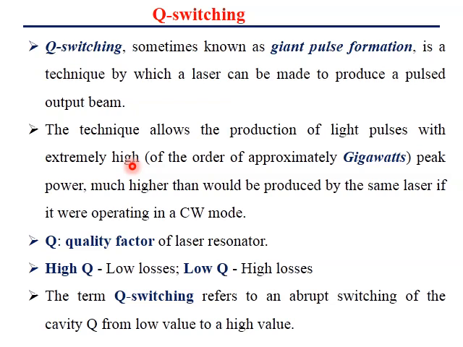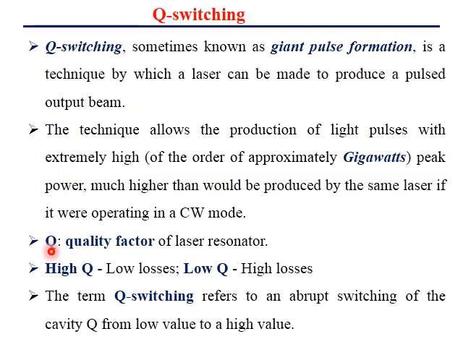It is approximately in the order of gigawatts, which is 10 to the power 9 watts, much higher than the power the same laser would have produced if operated in the continuous wave mode. So a very high output is obtained.